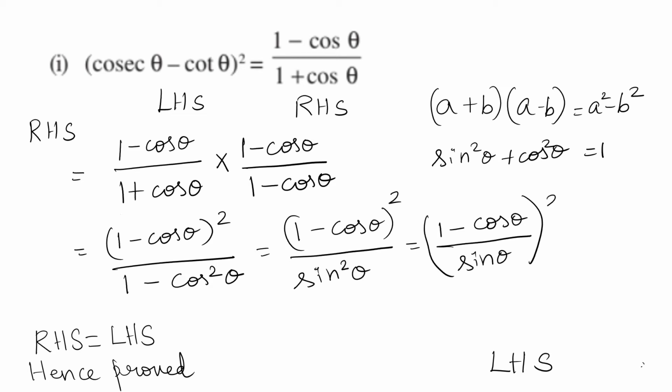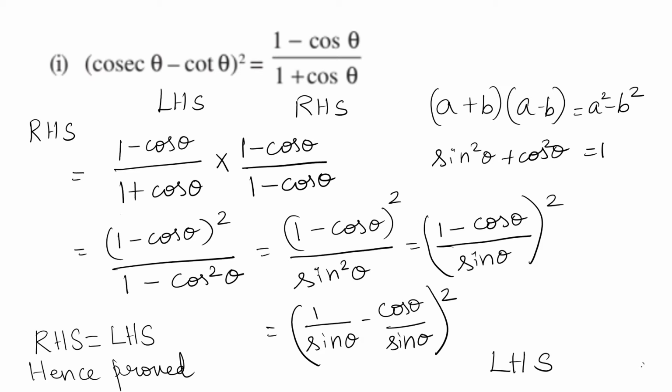Now this can be divided like (1 by sin theta minus cos theta by sin theta) the whole square. 1 by sin theta is cosecant theta, and cos theta by sin theta is cot theta, the whole square. This is nothing but the left hand side, (cosecant theta minus cot theta) the whole square. So this is equal to the left hand side.